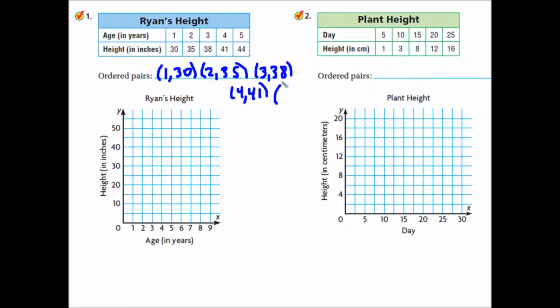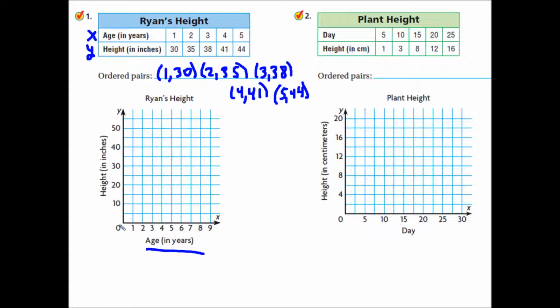And finally (5, 44). I know that the age goes first because it's the x-axis. So that's why we have age and then height in our ordered pair instead of the other way around.